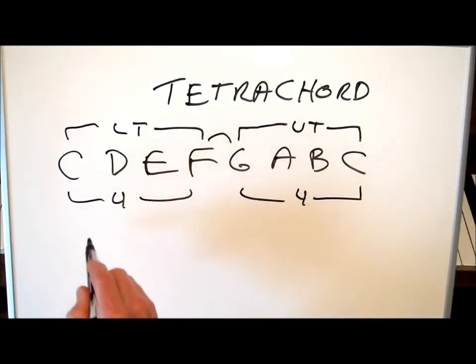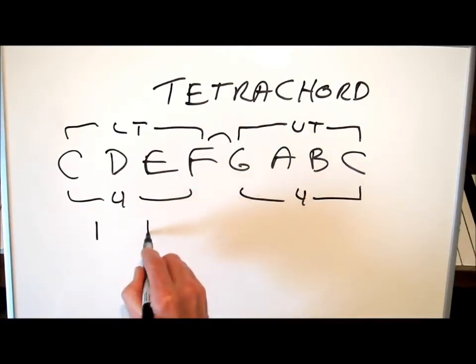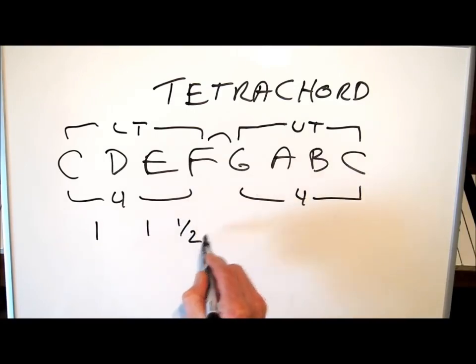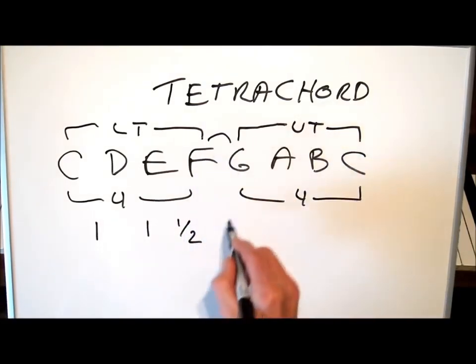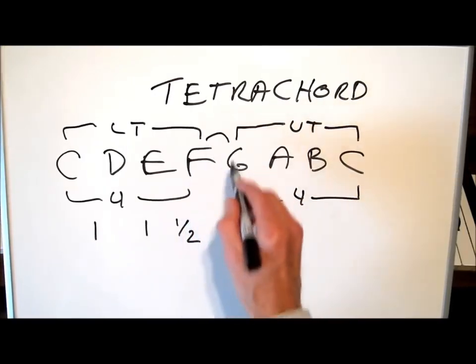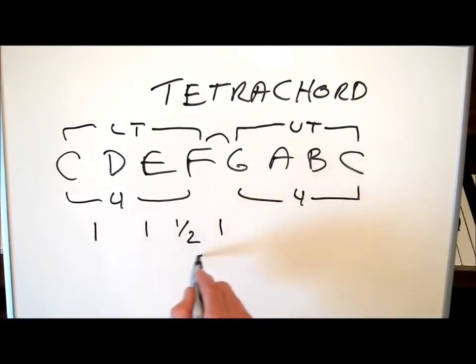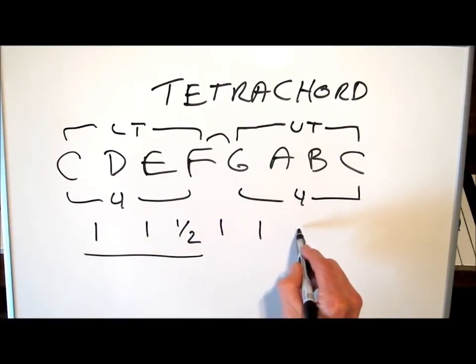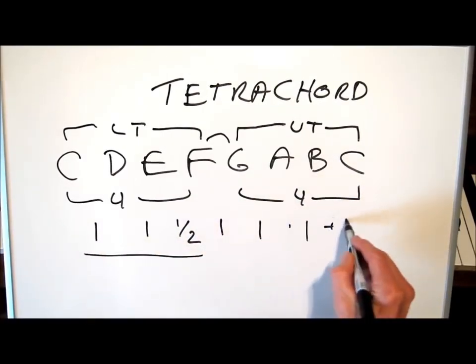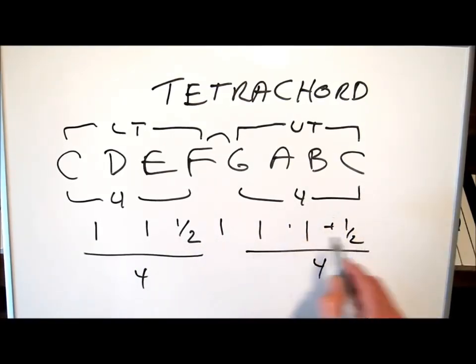So what we have in defining the scale is whole step, whole step, half step. Then we have this bridge or gap or connection or conjunction, or you could call it a link, which is a whole step. And then the pattern repeats, as in here, 1, 1, and 1/2. So there's 2 perfect fourths here.